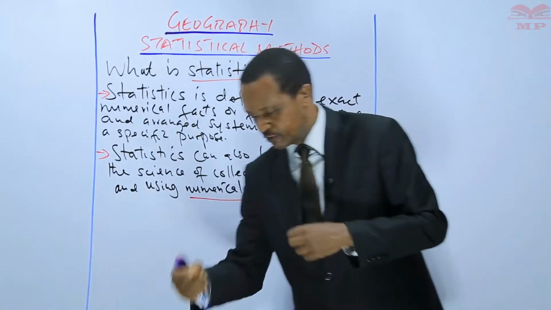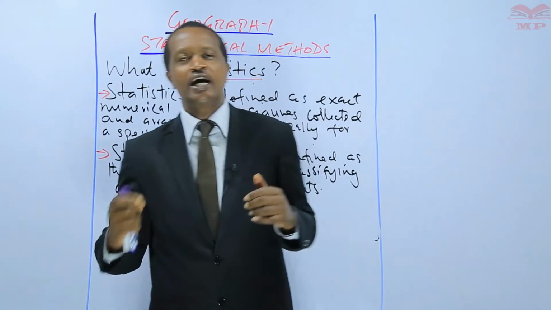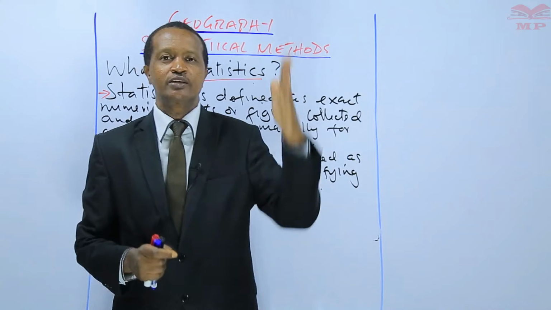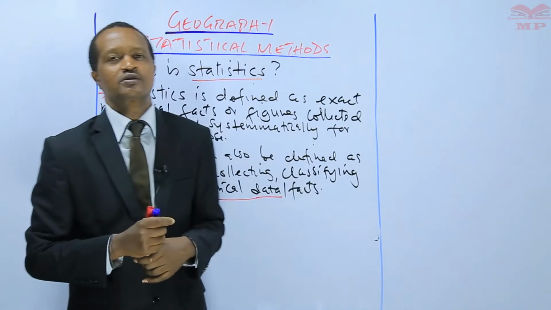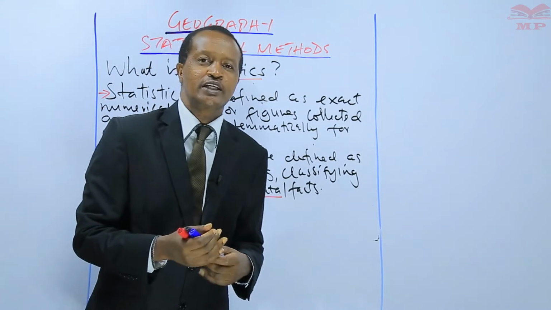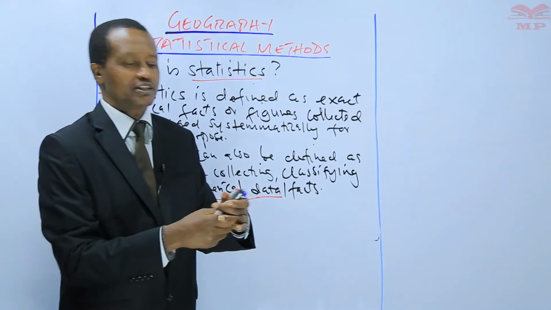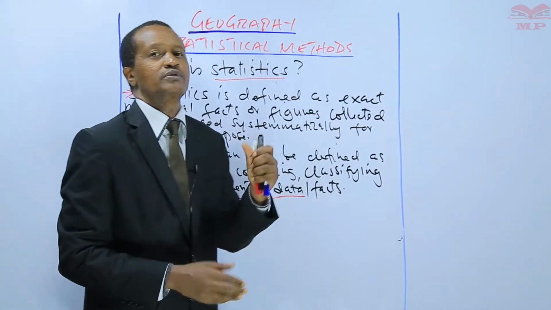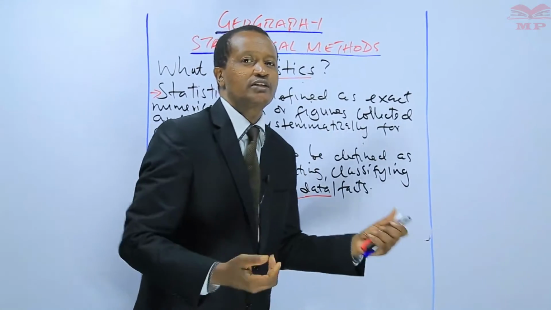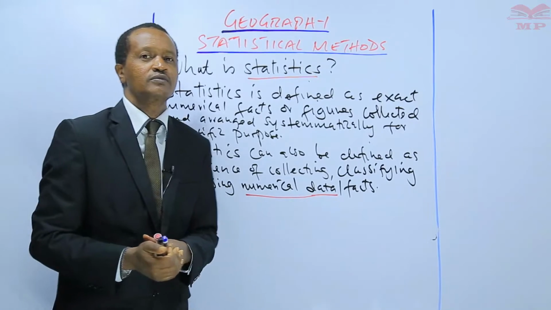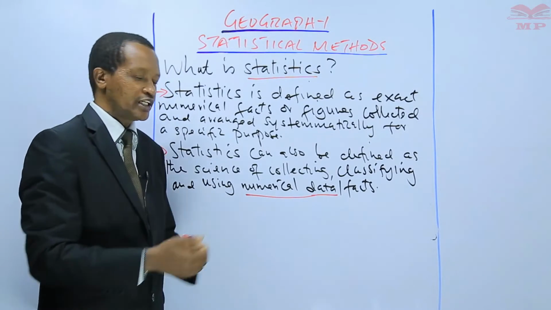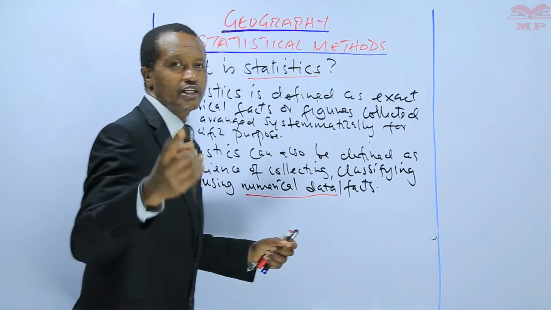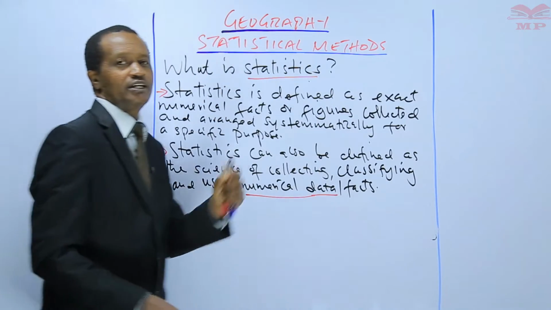It can be the amount of money that your guardian earns per year. It can be presented on a monthly basis. It can be the number of pens that you use in a term. Number of pens, that is numerical data. It can be the number of cups of tea that you drink in a year, learners.